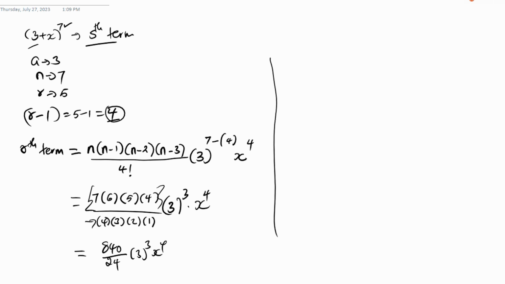Simplifying further, this becomes 35 by 9, because 3 power 3 is 27, and then x raised to 4, which gives us 945 x power 4. So this is how you go about determining the value of future terms of a binomial series using this formula.